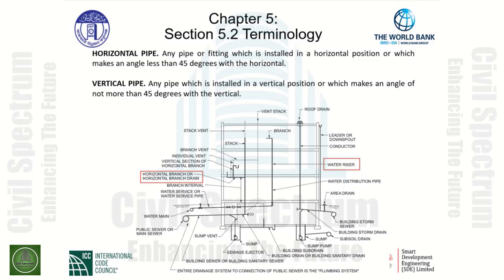In the middle, we have a pipe called a water riser. That is a vertical pipe, and it fits the definition. This pipe is, in fact, a vertical pipe due to the fact that it makes an angle of not more than 45 degrees with the vertical.